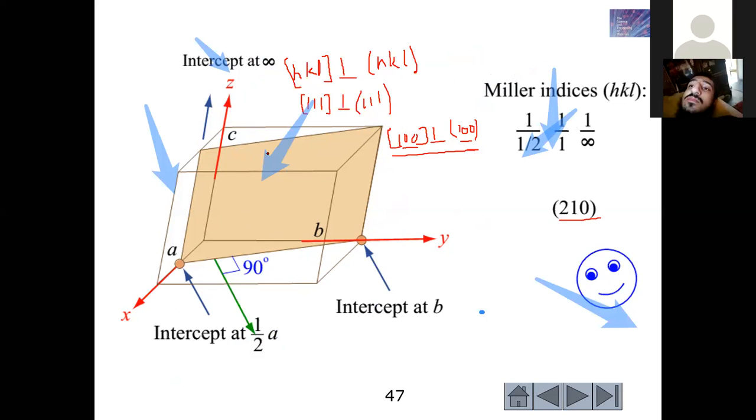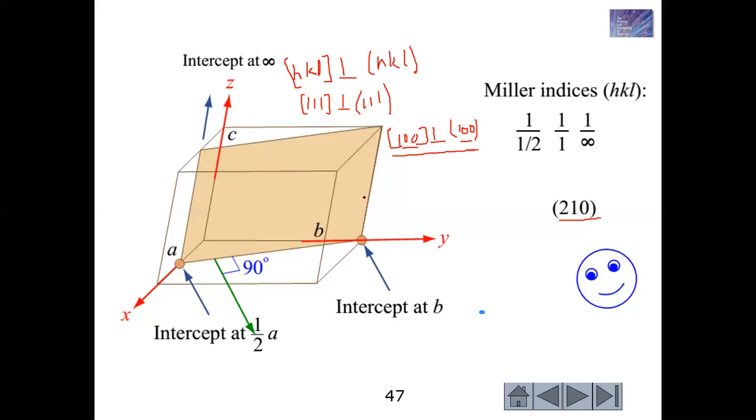We did that in the last slide. So if you draw a [2 1 0] direction, it will be this direction, right?